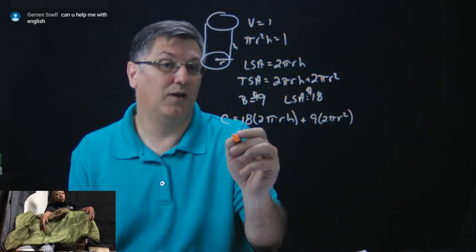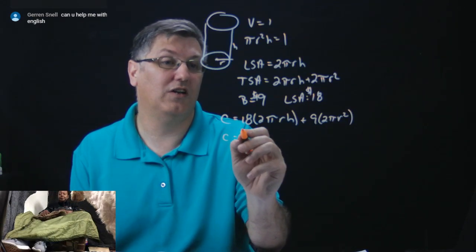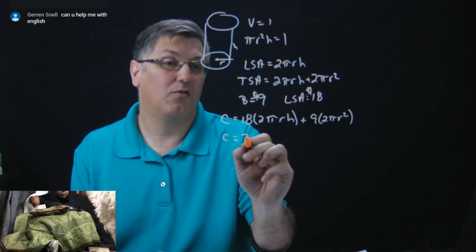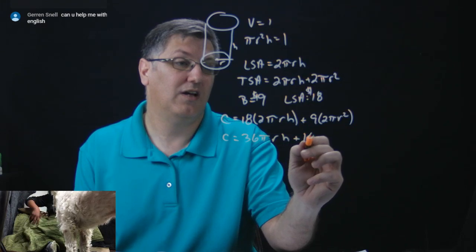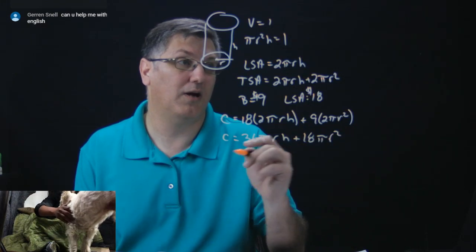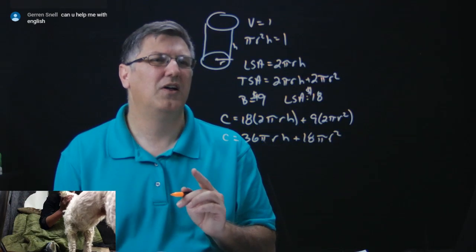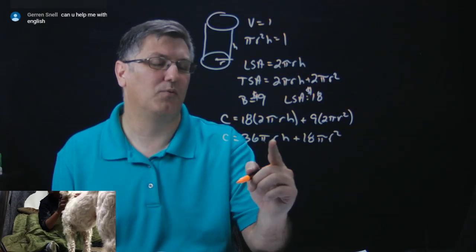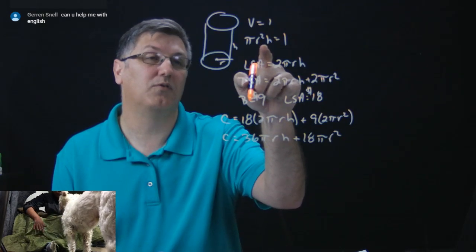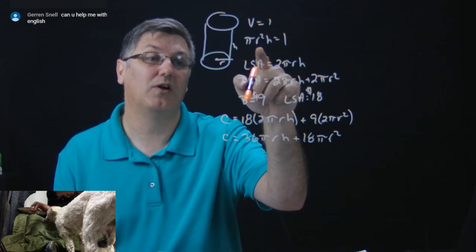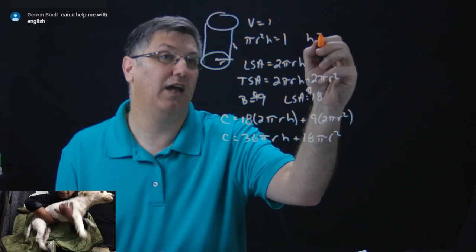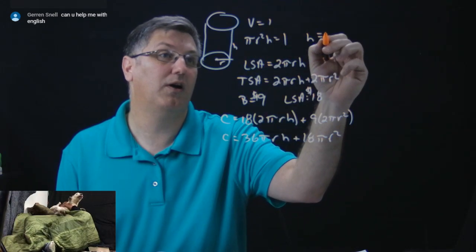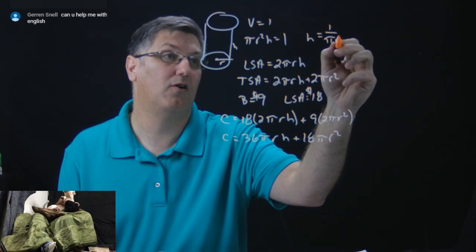All right, so from here we can kind of clean this up. My cost is now 36 pi rh plus 18 pi r squared. That's easy enough. Now the key to this is I have two variables. I got to get it to one. That's where this formula comes in play. I can rewrite this formula in terms of h, so I could substitute it in. So I can actually get h equals, if I divide everything by pi r squared, I get 1 over pi r squared.